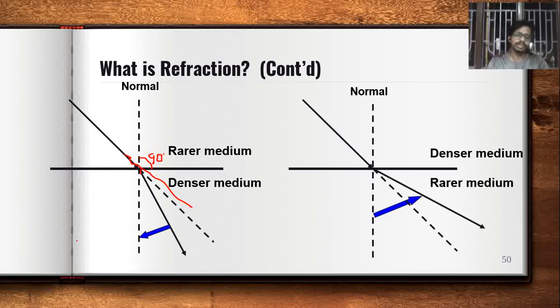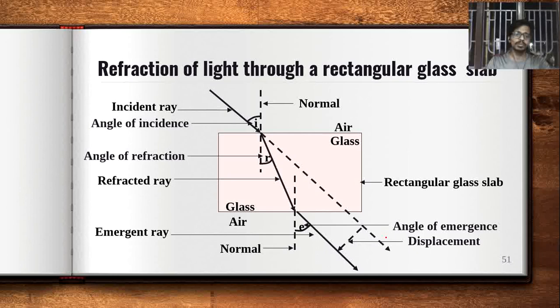Okay, so here you can see the angle between the normal and the refracted light is smaller when the light is traveling from rarer medium to denser medium, and here the angle is higher. Now next, what happens when the light travels through a glass slab?